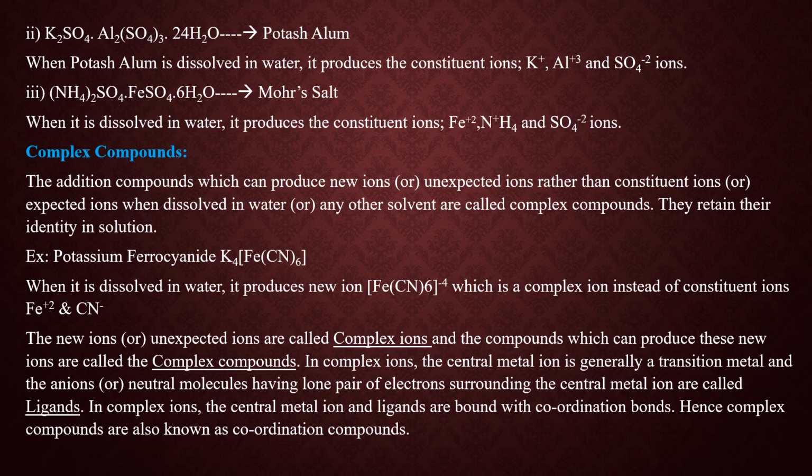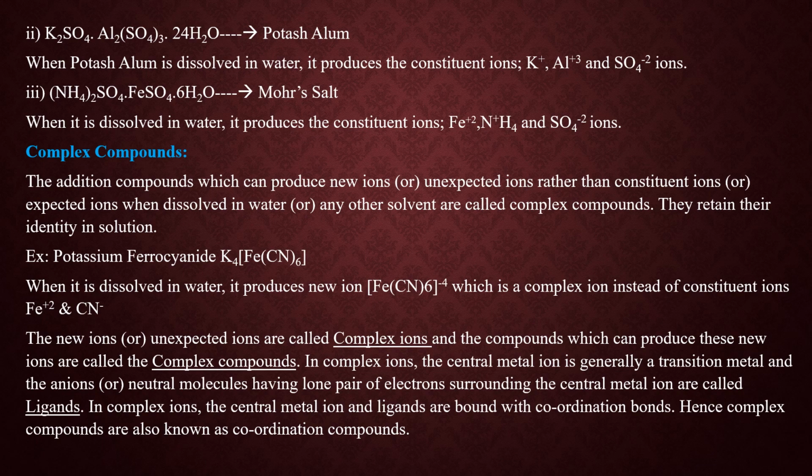Okay, students. So this is all about the introduction of complex compounds, under which we have learned what an addition or molecular compound is and what the classification of addition compounds is, under which there are two types, double salts and complex compounds. Double salts, when dissolved in water, produce constituent or expected ions and lose their identity, whereas complex compounds produce new ions or unexpected ions and do not lose their identity.